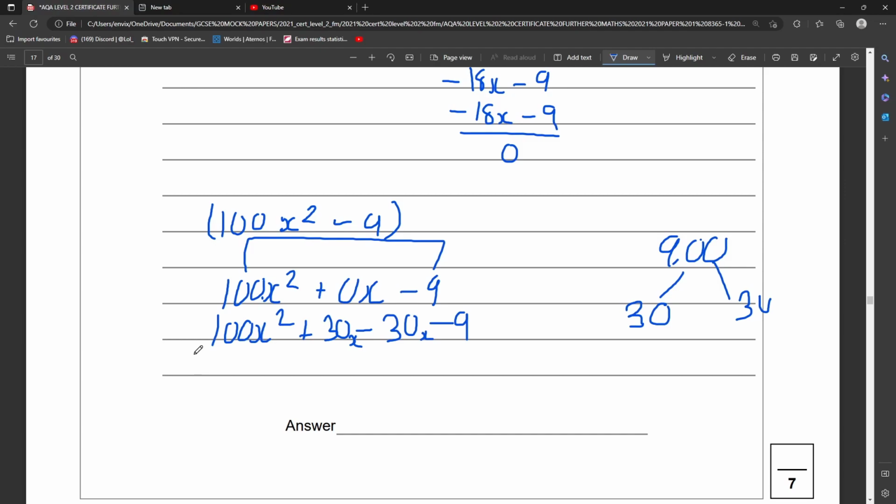Sorry, 10. 10x and 10x plus 3. I'm assuming you guys know this because this is already covered in GCSE. Minus 10 lots of 10x plus, sorry, minus 3. Don't know where I got 10 from.